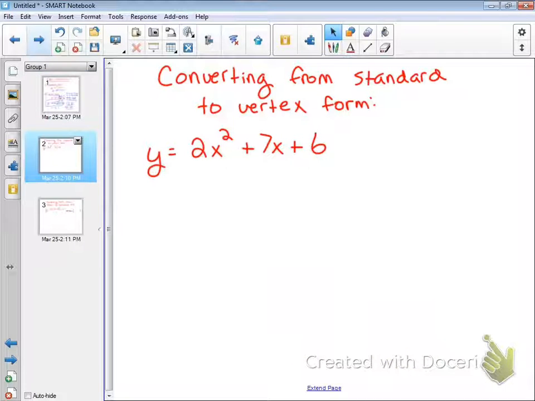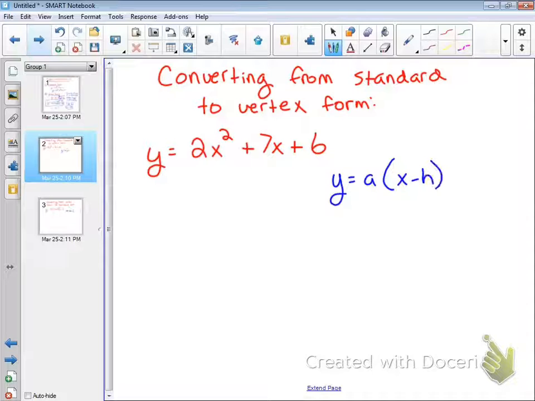Now, one thing that you have to be able to do is go back and forth between these two forms. So we're going to first look at converting from standard to vertex form. So you'll see on here we have y equals 2x squared plus 7x plus 6. And you need to convert this to vertex form. So we know that the vertex form is y equals a times x minus h squared plus k.